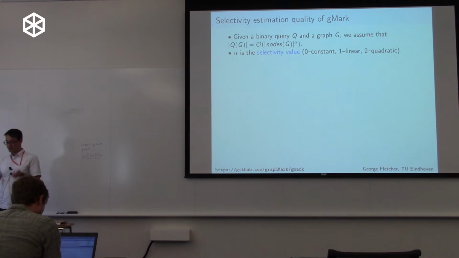So you can either have a constant number, so it's fixed regardless of the size of the input. Suppose we're just picking all pairs of countries and languages spoken in that country. That's fixed, no matter how large your instance gets, assuming that your number of countries and number of languages are fixed, this is always a constant query. And then the next class up would be linear queries.